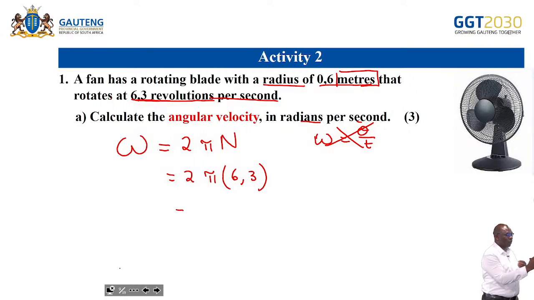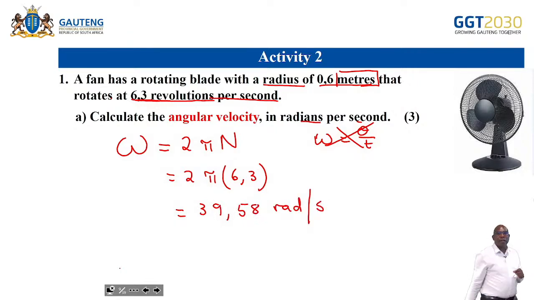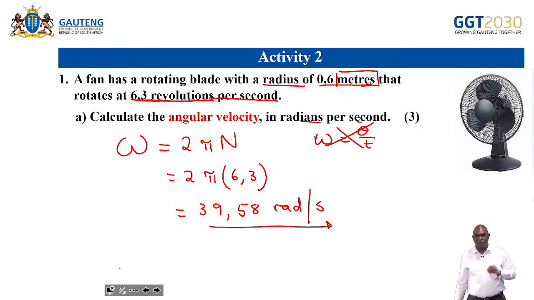If I take out my calculator, I'll have 2 pi multiplied by 6.3, and the answer will be 39.58. I must write my radians per second so that I show the people who are marking that I understand that the angular velocity is measured in radians per second. So I'll have 39.58 radians per second as my final answer.